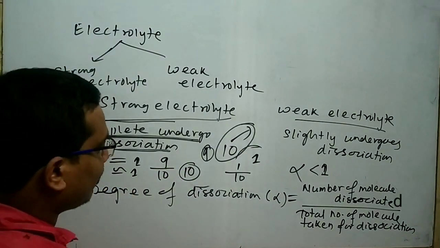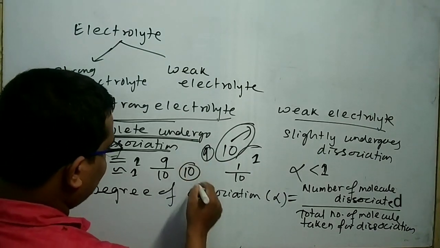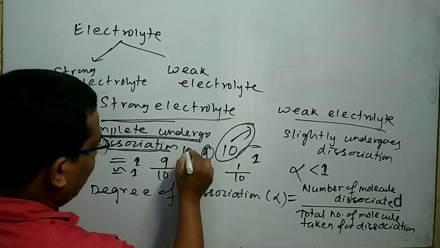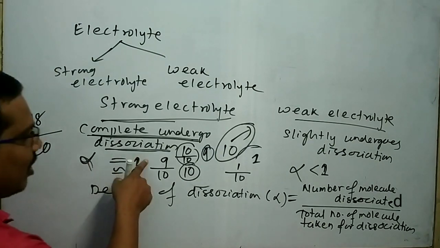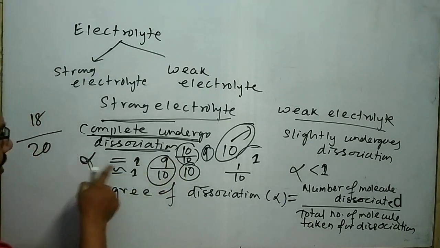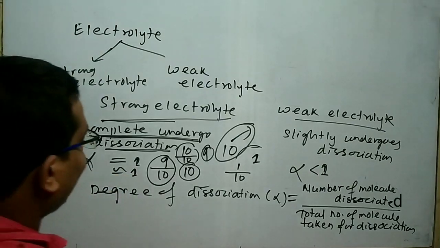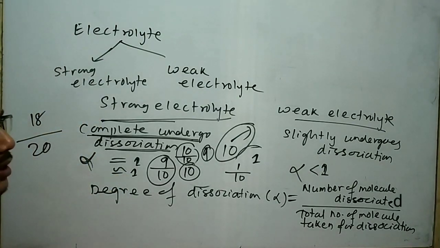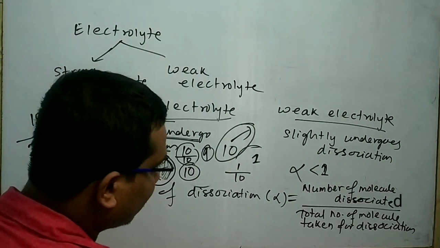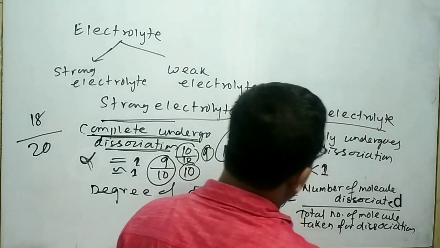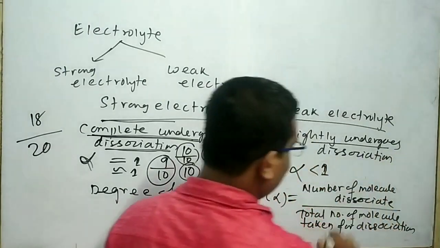If all 10 molecules undergo dissociation, the degree of dissociation is 10 by 10, that is equal to 1. So in a strong electrolyte, the degree of dissociation is equal to 1 or nearly equal to 1.